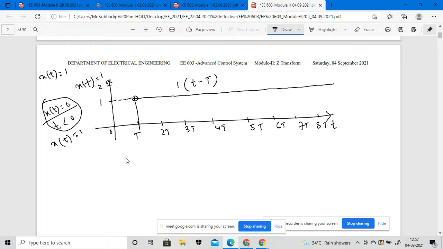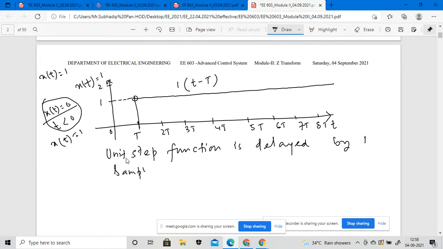So this graph signifies that the unit step function is delayed by one sampling period. So this will be my delay.